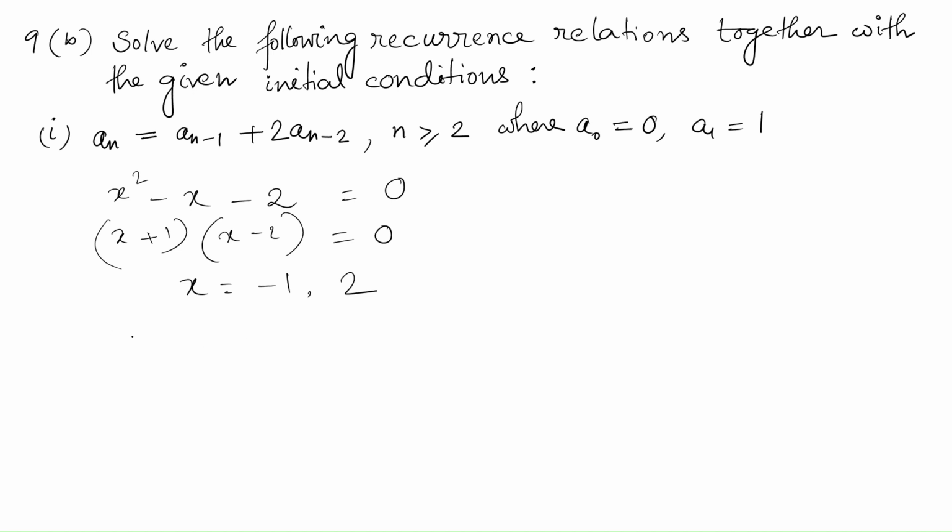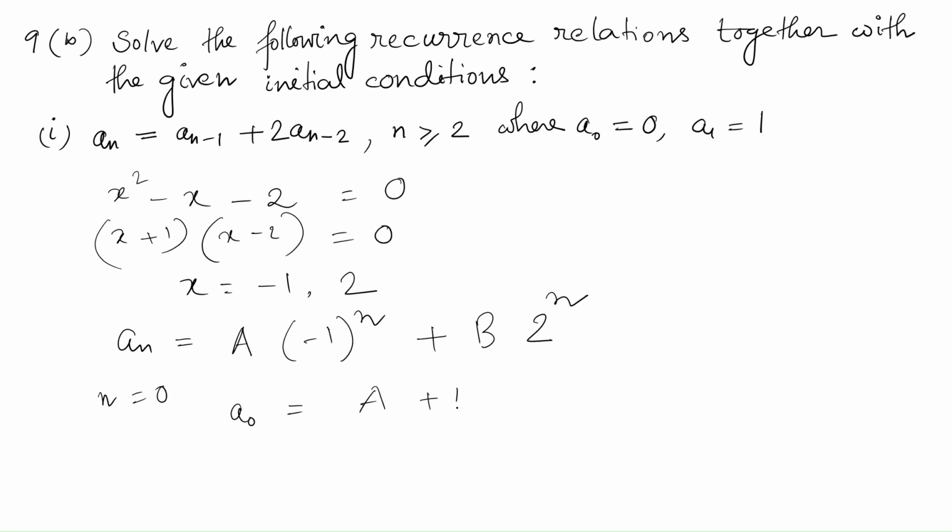The general solution can be written as a n equal a into minus 1 power n plus b into 2 power n. Now let us put n equals 0. Then we will have a0 equal a plus b. So a plus b equals 0 because a0 is 0 given.